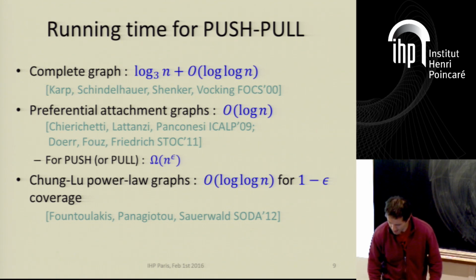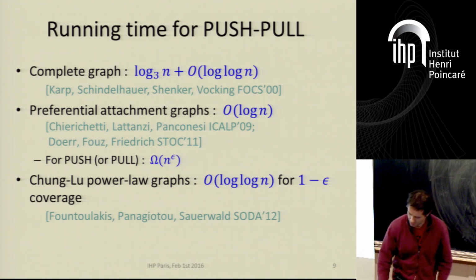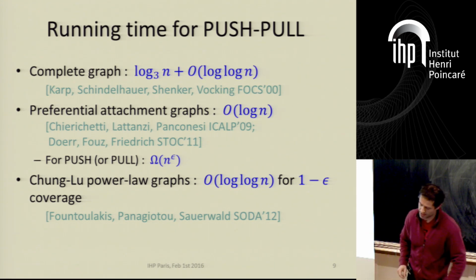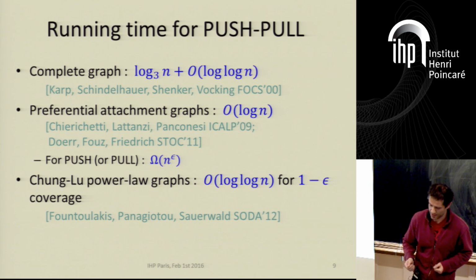In particular, it was shown that it is very fast in preferential attachment graphs with a certain range of parameters, and also in this other type of graph. Both of them are used as models for social networks.